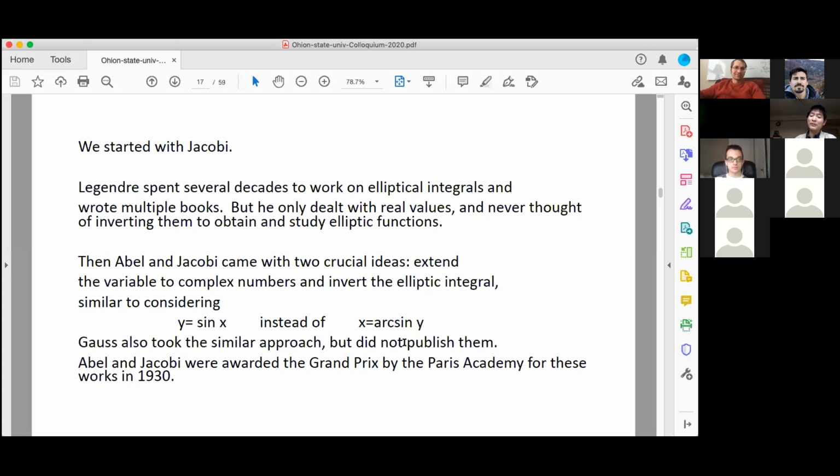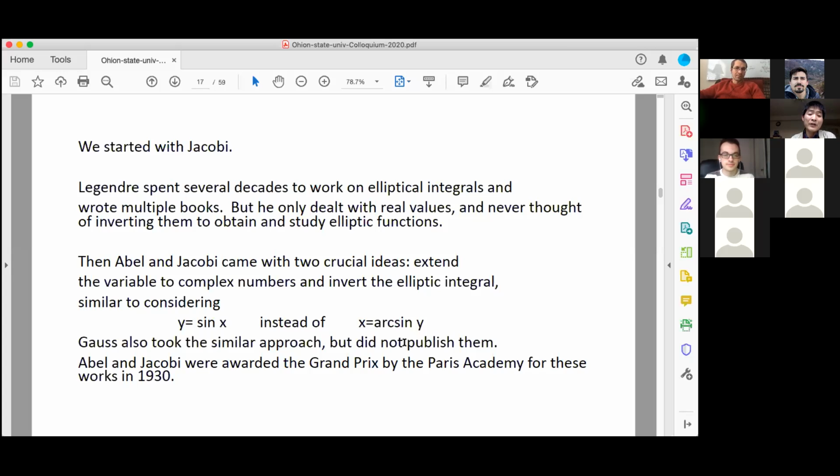So I started with Jacobi. Legendre spent several decades working on elliptic integrals, and he wrote multiple books, at least 5 volumes, plus some papers. But he only dealt with real numbers and never thought of inverting them to obtain and study elliptic functions. He never extended to the complex.